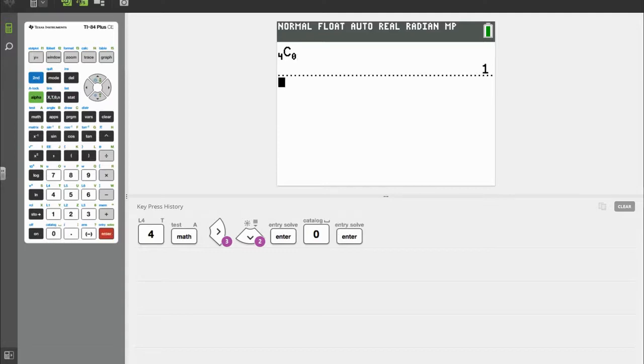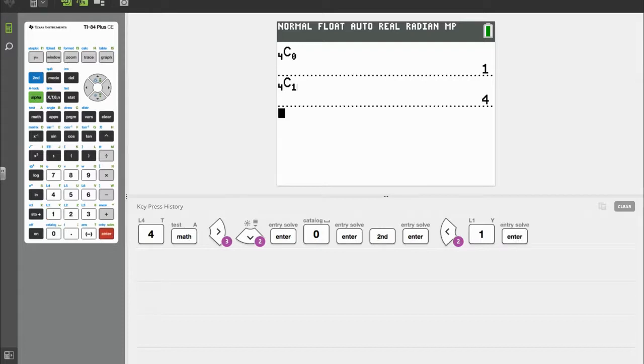If we didn't remember Pascal's triangle, the first coefficient in our expansion would be 4 combination 0, if we're raised to the 4th power. The second one we could also use something where we repeat the command. You may or may not have seen this before. We would do second enter, and that'll just repeat the command for you. And then we're going to see what the next coefficient would be if we're raised to the 4th power.